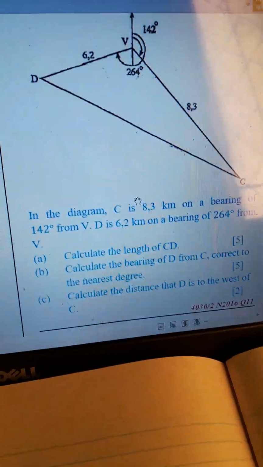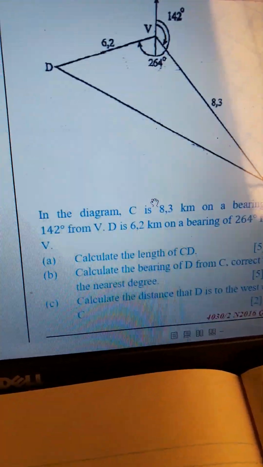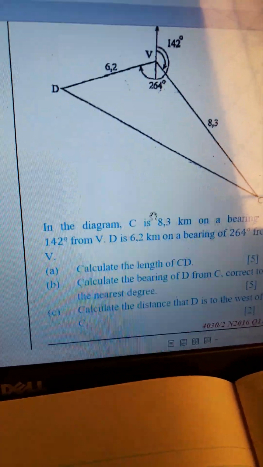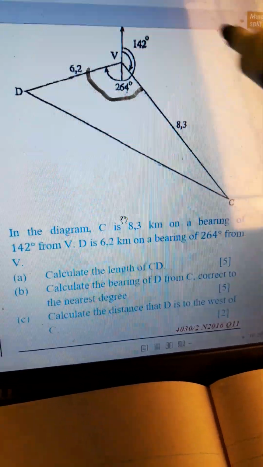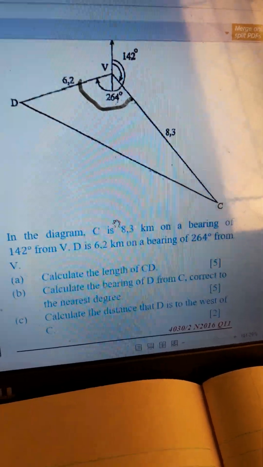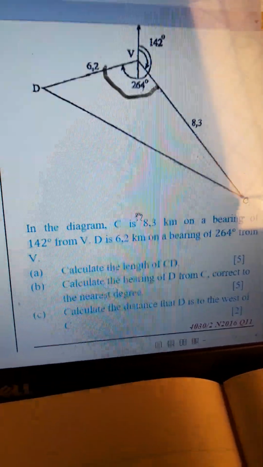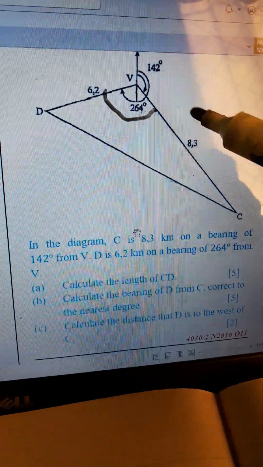I hope that you have the question. The first part says calculate the length CD. To calculate CD, you need to have this angle from here to here, and that angle is very simple.